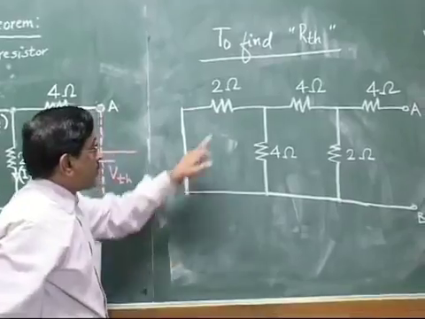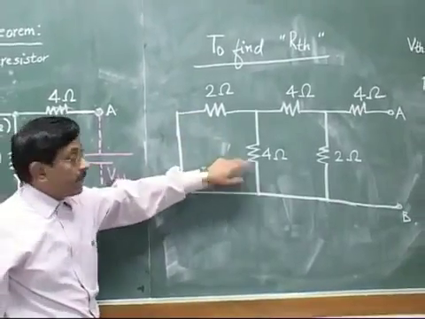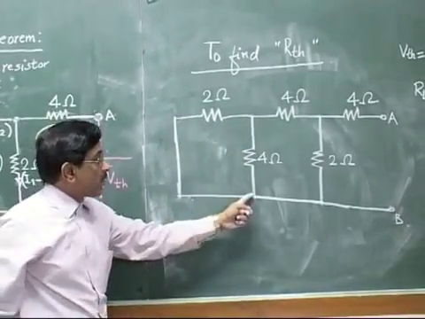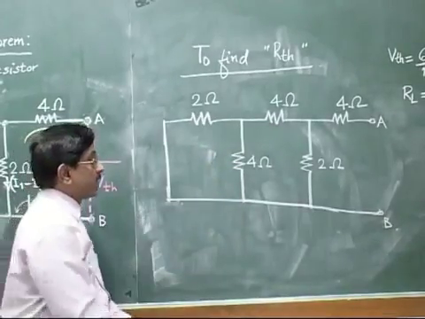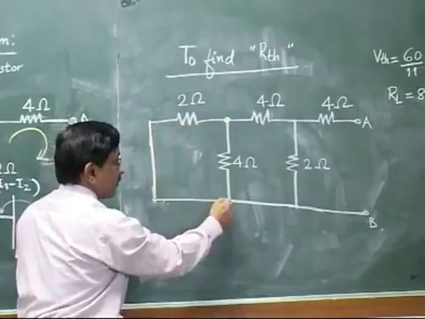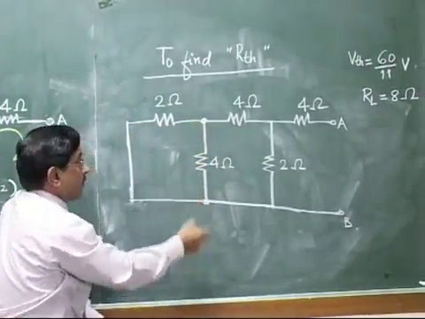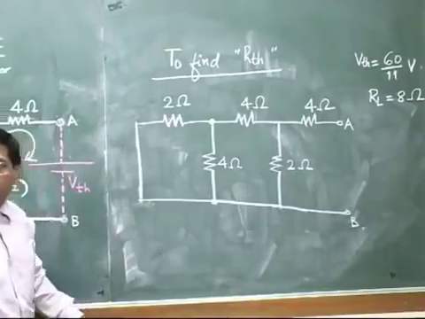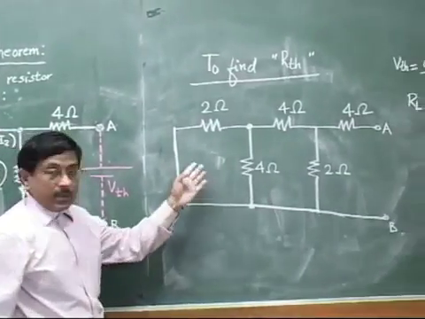Now see, you will find 2 ohm and 4 ohm in parallel. This is one branch, this is another branch. Across these 2 nodes, one branch is 2 ohm and the other is 4 ohm. So 4 and 2 are parallel. What is the parallel combination?